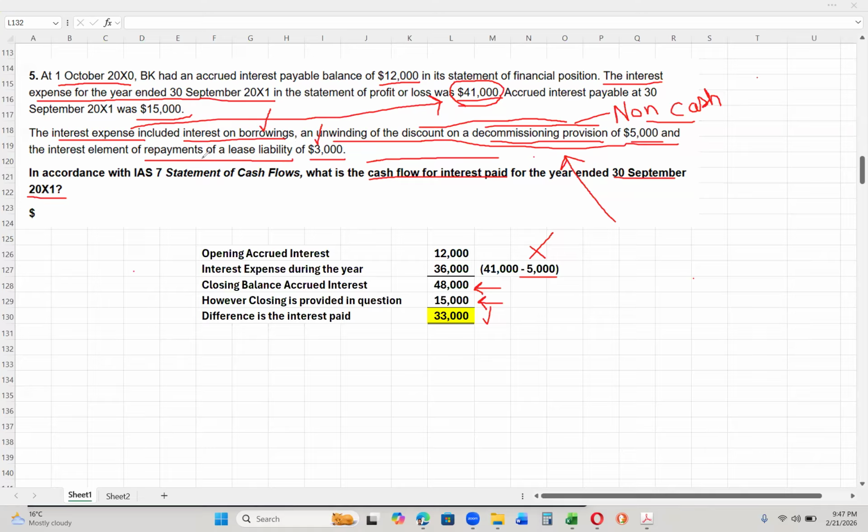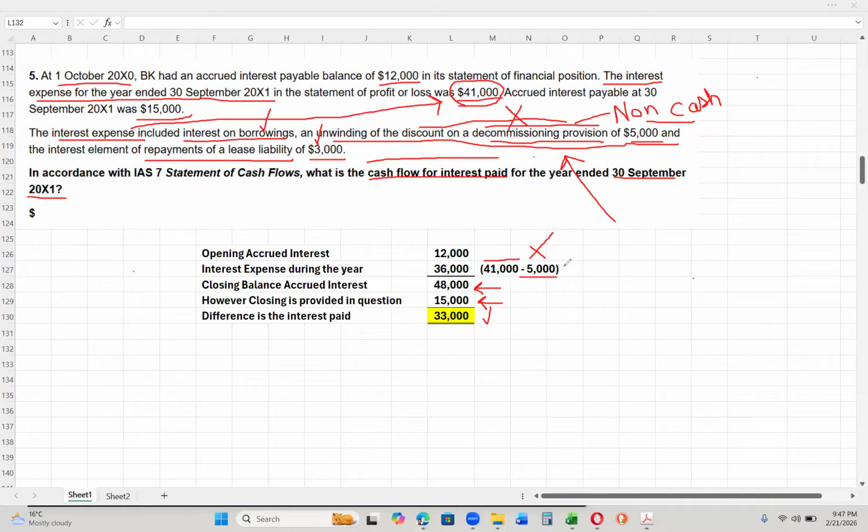The lease payment is including, you see, the interest paid, the interest expense included interest on borrowings, unwinding of the decommissioning, and the interest. So we say the interest borrowing is okay, the lease payment is okay, but the interest on this decommissioning is not okay. So that's why we took it away. From the interest expense, we deducted the 5,000 because it is not a cash flow interest.